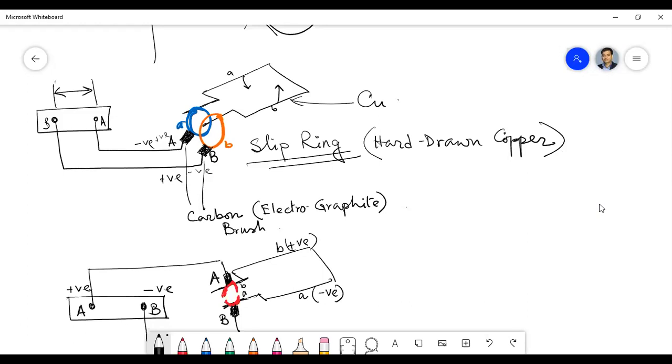Don't think that this is the only way of commutation in a DC machine. So this commutation in which we get DC from AC, or some sort of rectification, occurs only in case of DC generators. But in DC motors, we get the opposite.